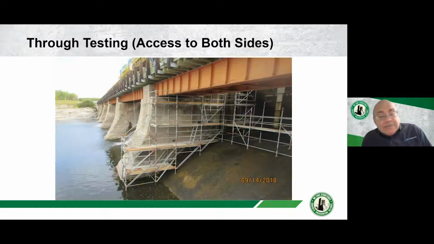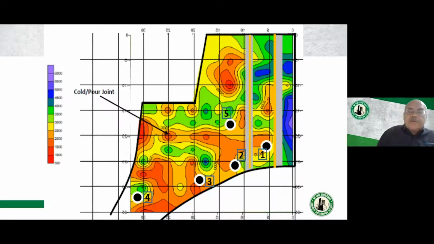Again, we got to get on both sides of it. We can't do it from one side. So this required scaffolding on both sides, but we were able to generate that tomogram, the tomographic image again. And once we had all of the data into the software program, we could slice that buttress wherever we wanted.